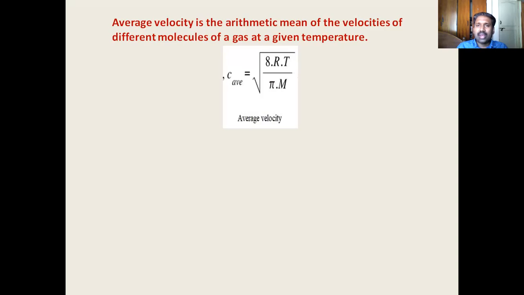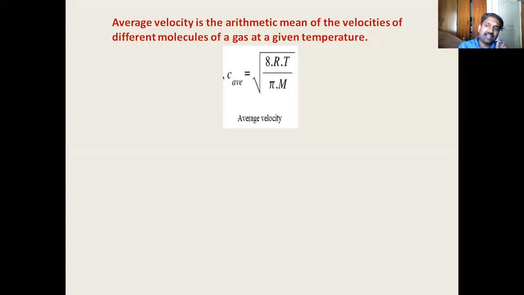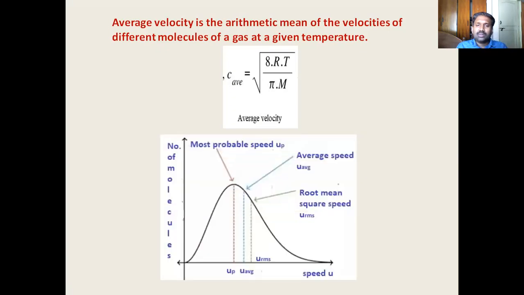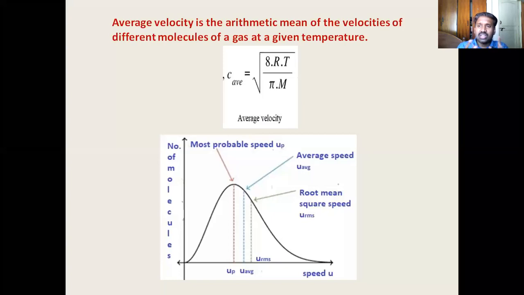Average is equal to square root of 8RT divided by pi M. See, whenever in these equations we use capital R, the real gas constant, we take the molecular weight of the gas. Whereas if we use k, we take the mass of an individual molecule, right? A single molecule.